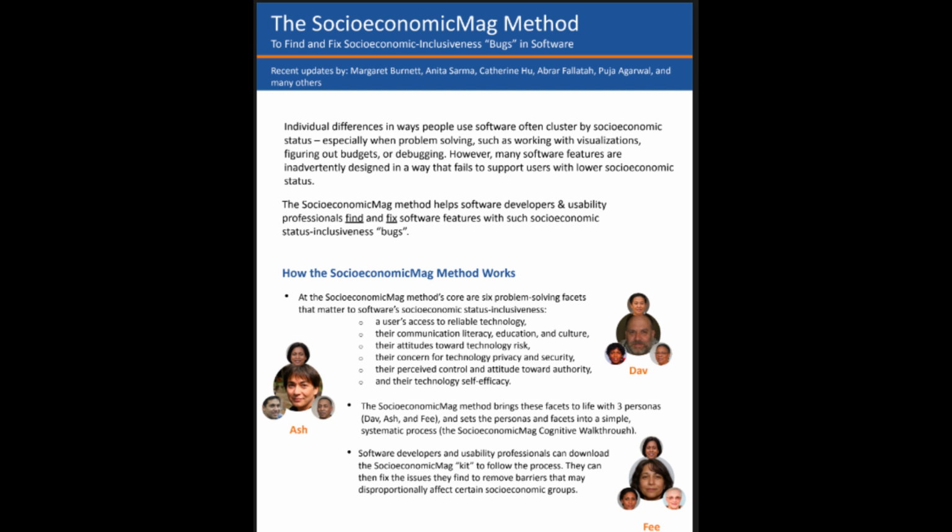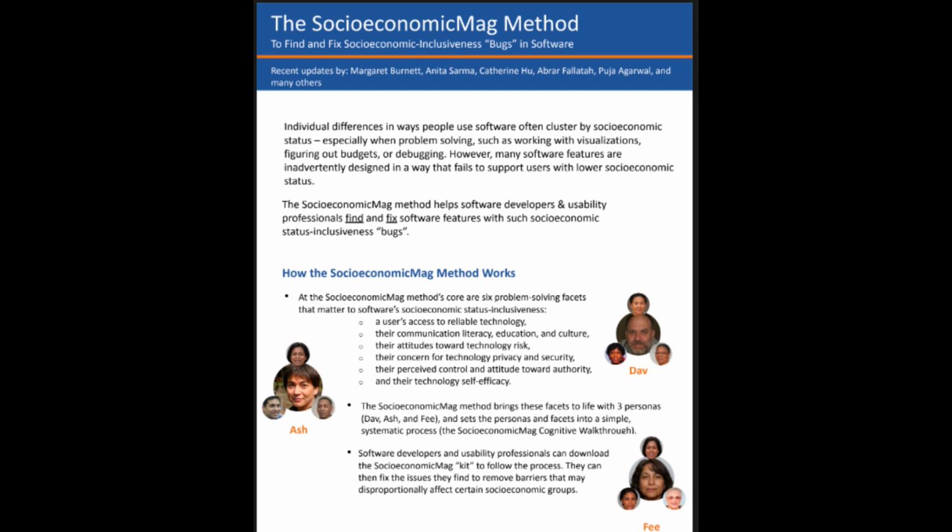Our highest socioeconomic status persona is Phi. Once again, any picture will do, any ethnicity, anything. And our middle socioeconomic status person is Ash. So there we have it. And pretty soon we're going to particularly get to know Dave, because Dave is our lowest socioeconomic status person, the person that most technology particularly seems to ignore.